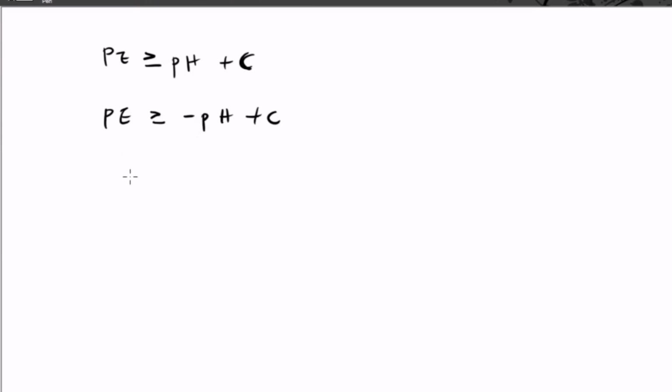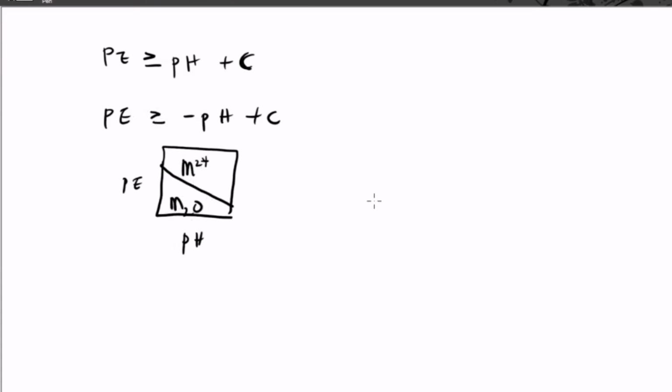We are going to have our PE against our pH. But since it's negative, the line will move from here to this side. And this is still a forward reaction. We have our product here forming and our reactant here.